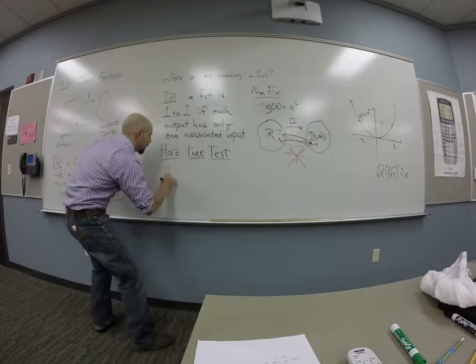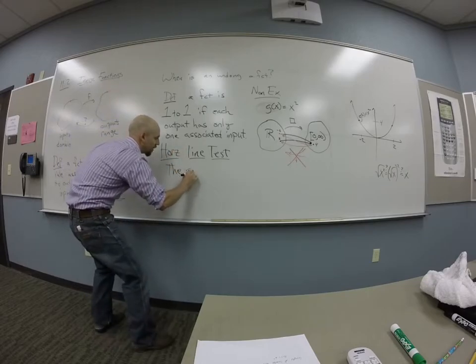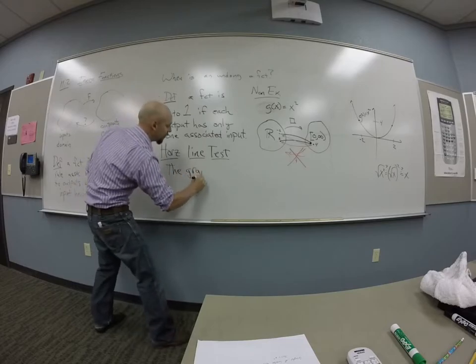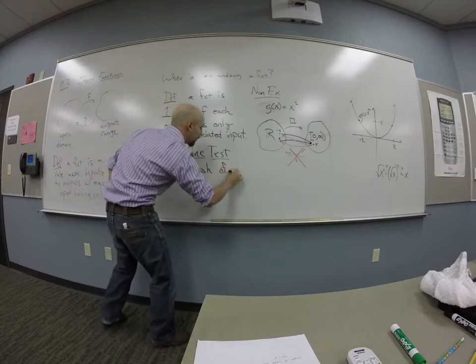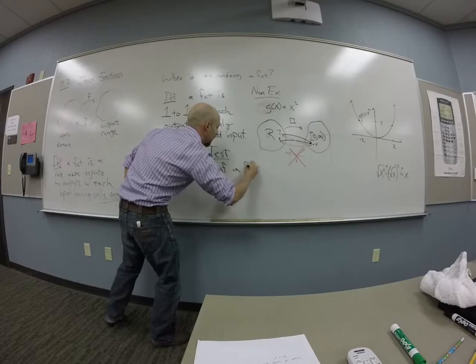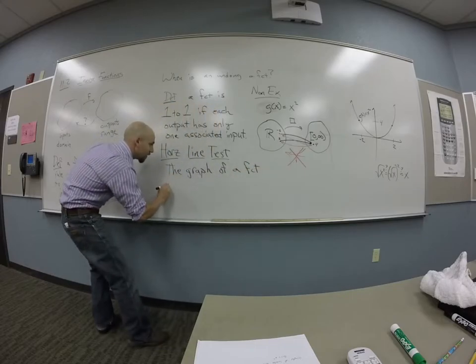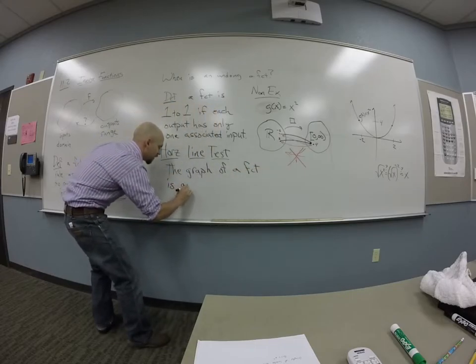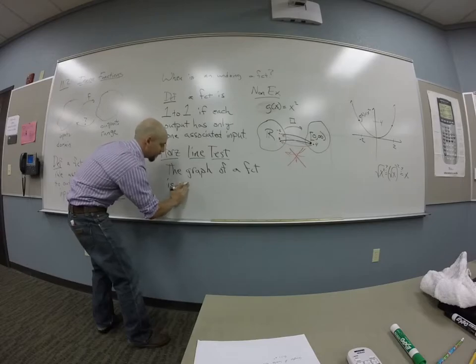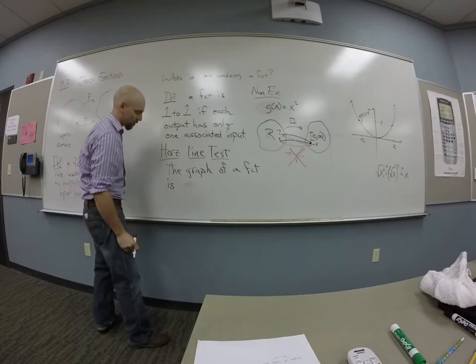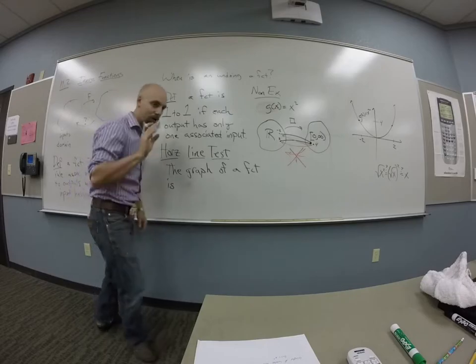So the horizontal line test reads, the graph of a function, this is really not quite right. Let me rephrase.